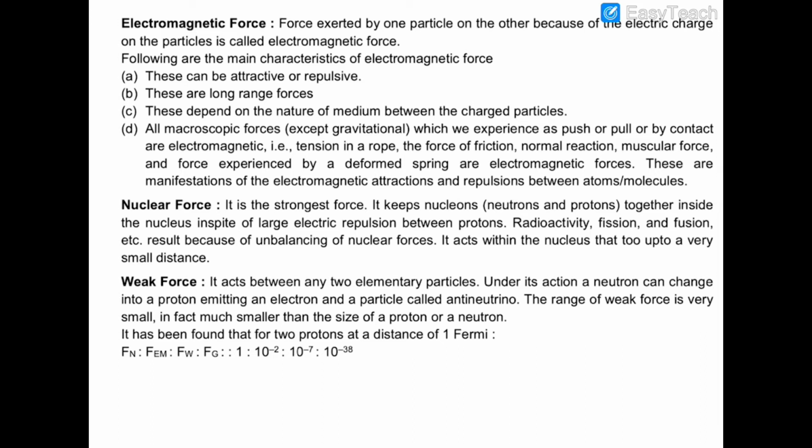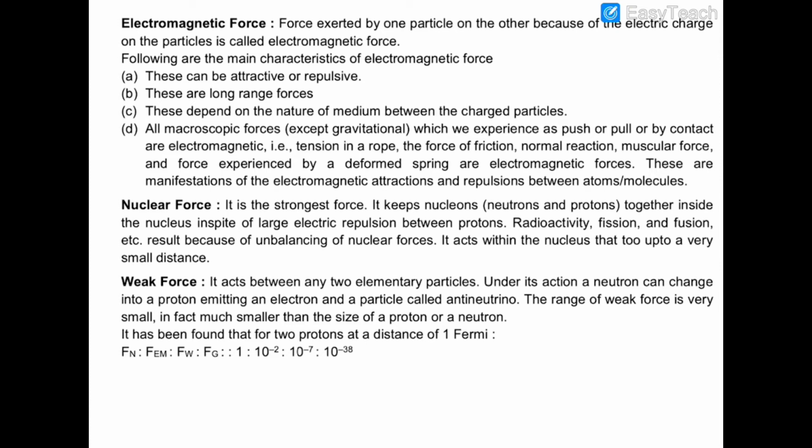There are some main characteristics of electromagnetic forces. These can be attractive or repulsive: we know that like charges repel each other and unlike charges attract each other. These are long range forces, which can act between charges kept at longer distances also.